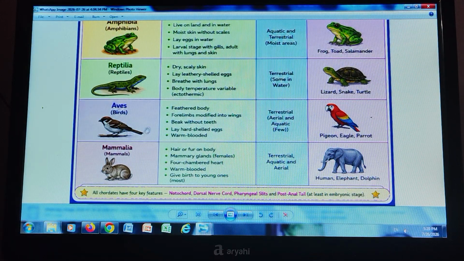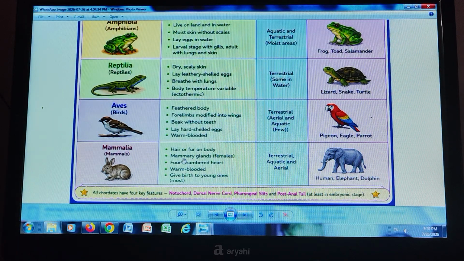Mammalia, most developed animals. In the classification, last will be Mammalia. They have highly advanced characteristics. Hair or fur will be there on the body, according to the environment where they are living.